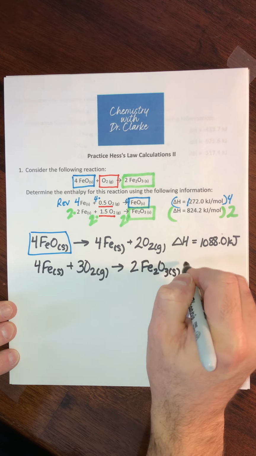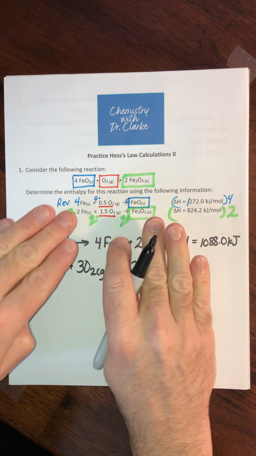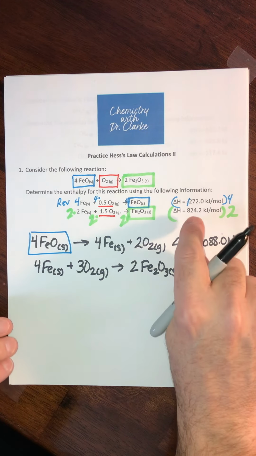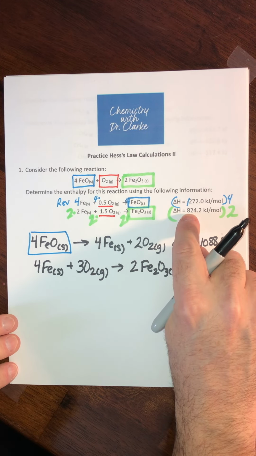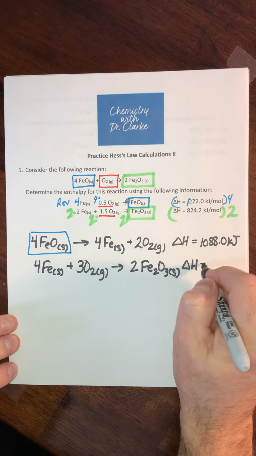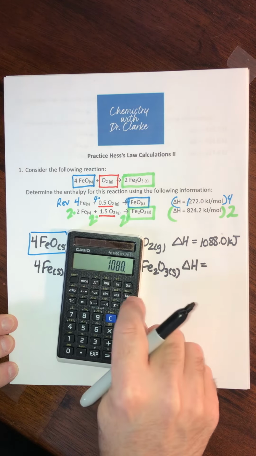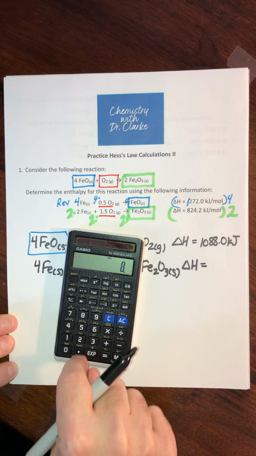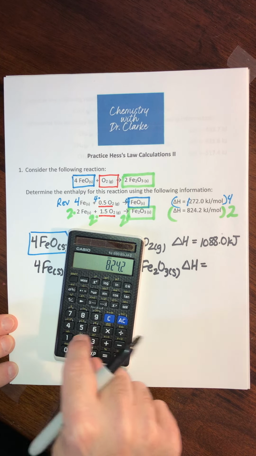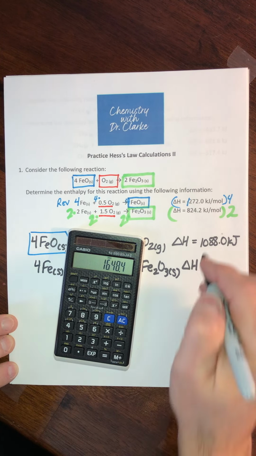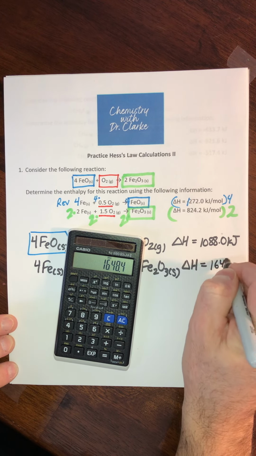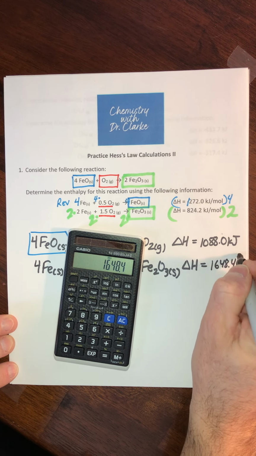Fe2O3 solids. Now for this one, I didn't flip it over, so the delta H started off as a positive, and it's going to stay as a positive, but I did multiply it by 2. So 824.2 times 2 gives me 1,648.4 kilojoules.